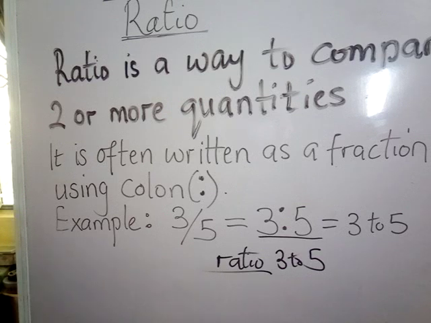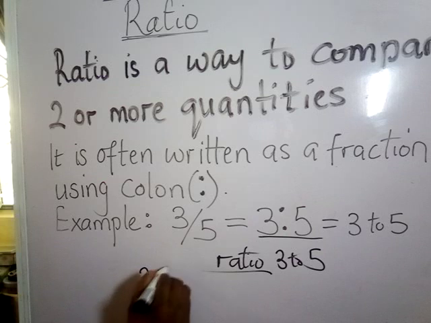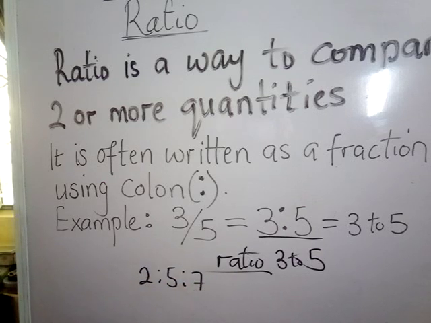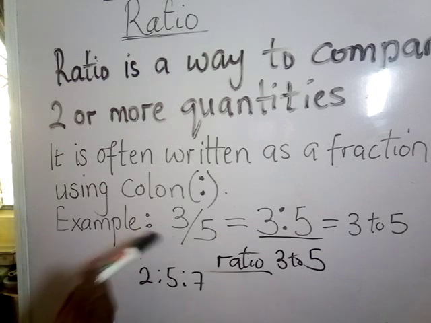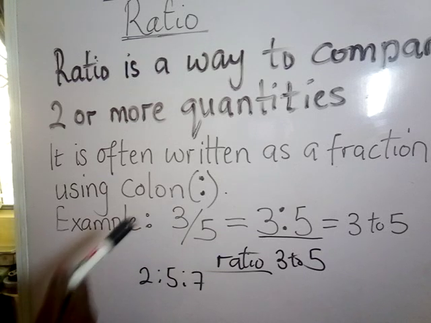They mean ratio, and they are a way of comparing two things. But ratio can also be used to compare more than two things. So you can have a ratio of 2 to 5 to 7, when the quantities you are comparing are three different things. That's how it differs from a fraction, because with a fraction you can only compare two quantities. With three quantities, there's no way you can represent it as a fraction.